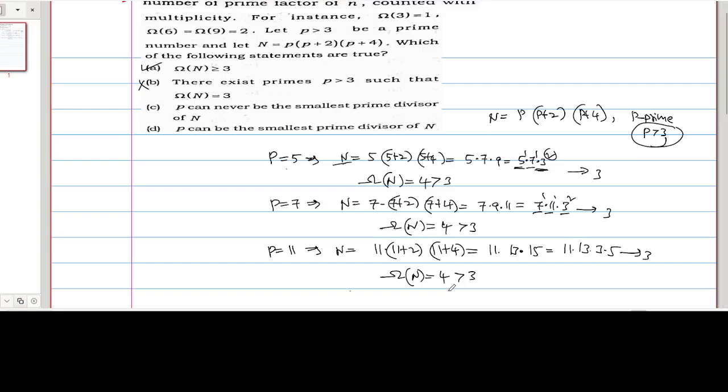But 3 is always less than p. Therefore p can never be the smallest prime divisor of n, because 3 is the smallest prime divisor among all prime divisors of n. So this statement is wrong.